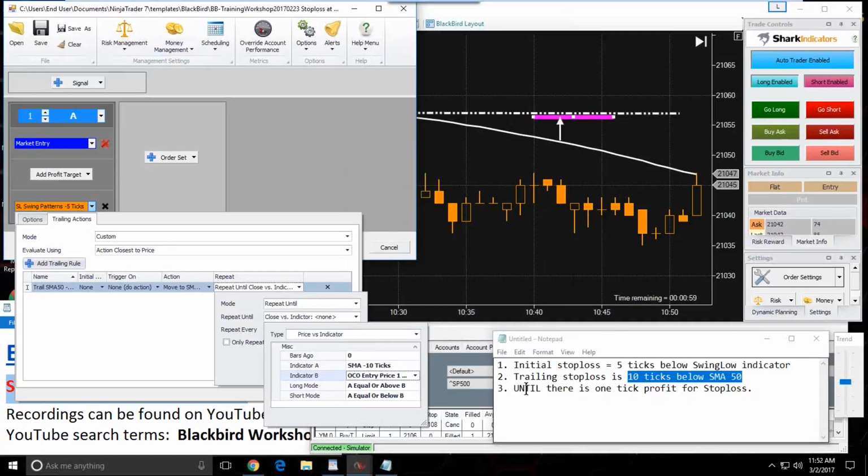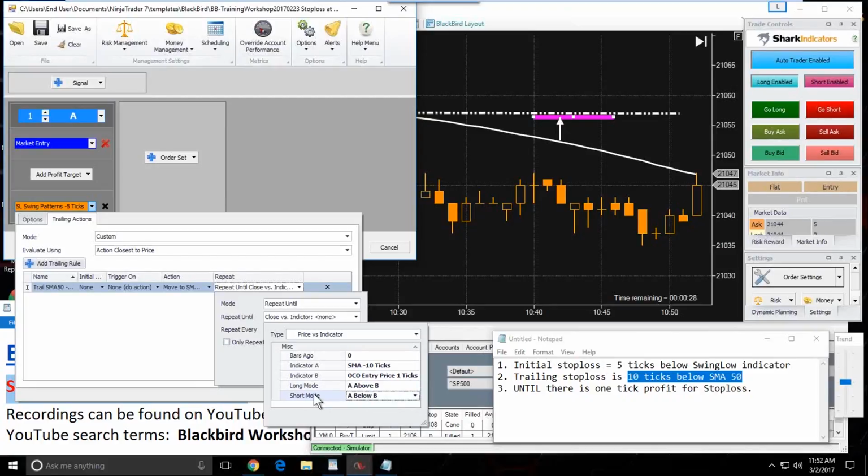We want to trail until we get 1 tick of profit. Now we just need to go into long and short mode, and we're going to set this so that A is above and B is below. We're going to get rid of the equals equation.